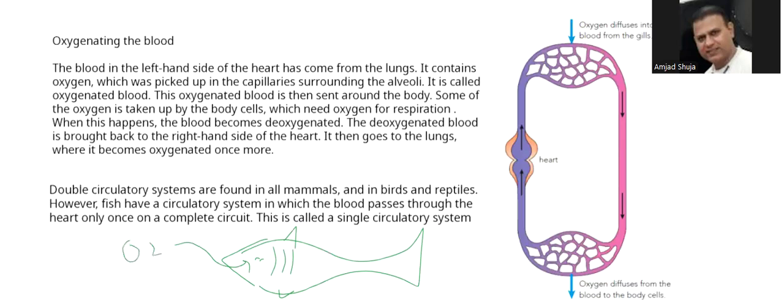Gills are red in color because they have a thick supply of capillaries.